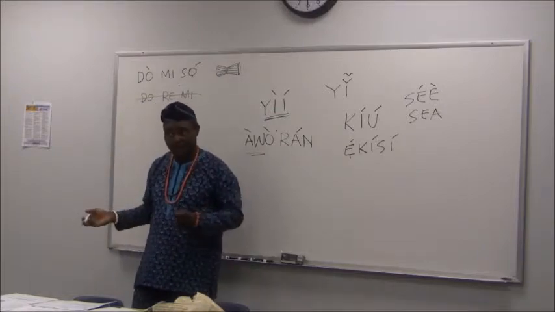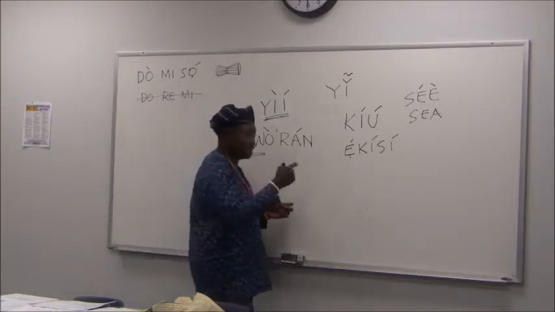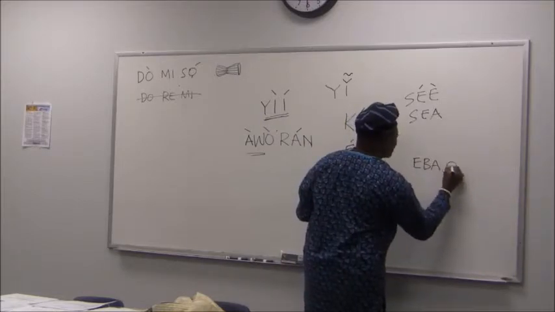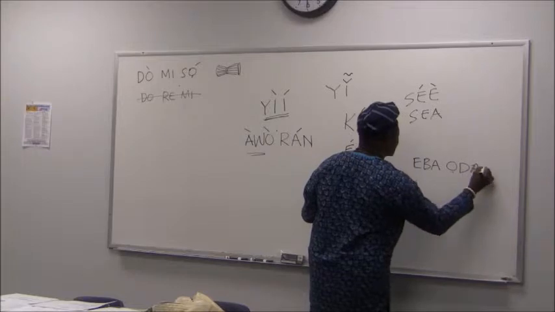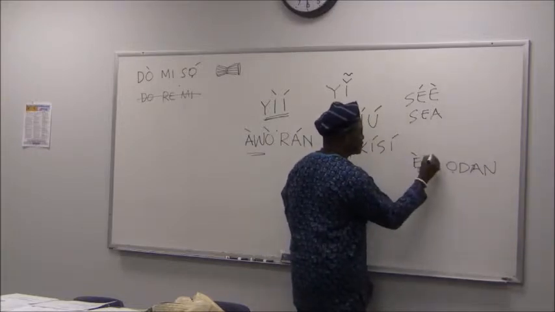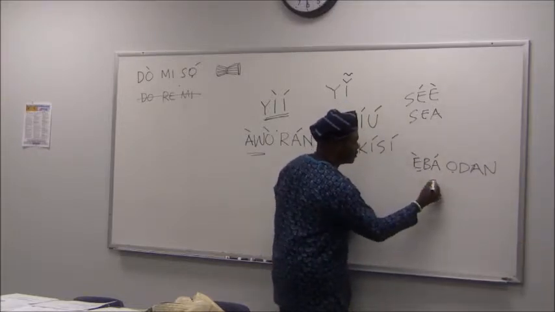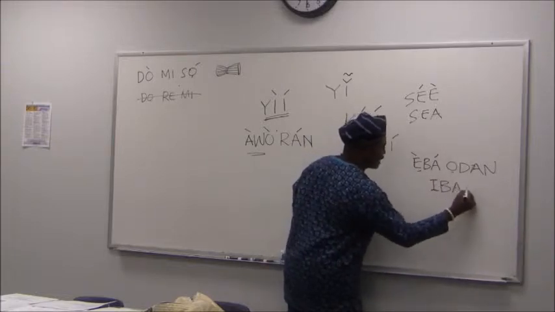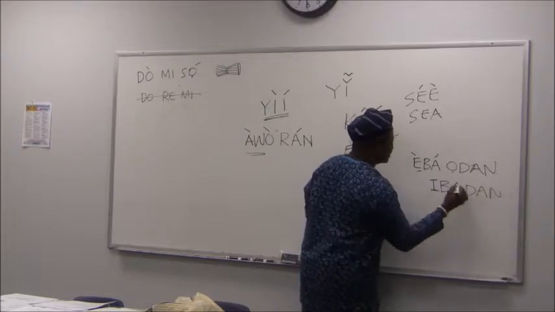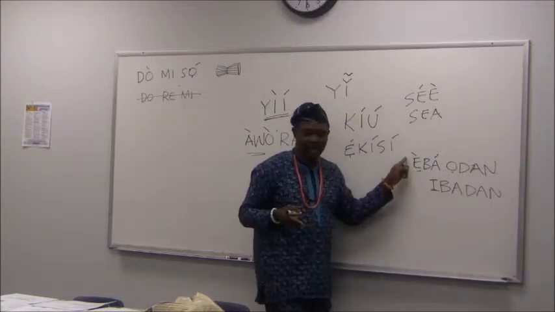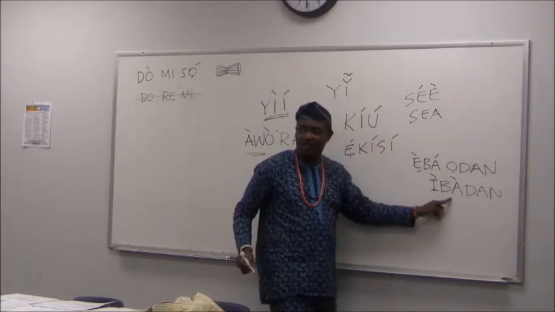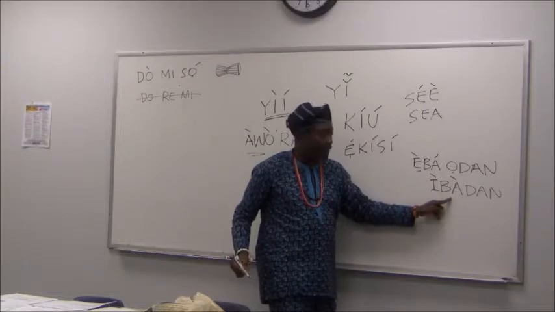Ibadan wasn't Ibadan before, right? It was Ibadan. The city of Ibadan was Ibadan. And then now it's simplified and now called Ibadan, right? And then you see that this is Eba, but this is two down accents right now because everything is compressed and simplified, right?